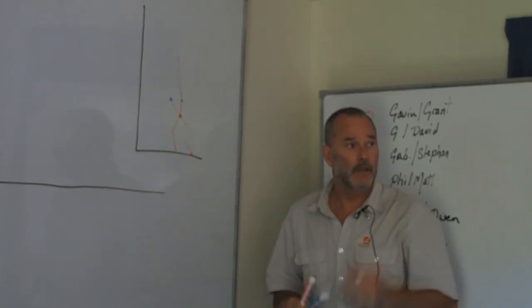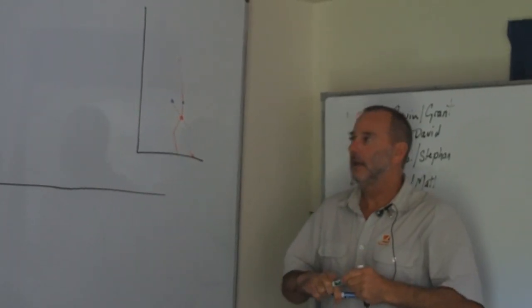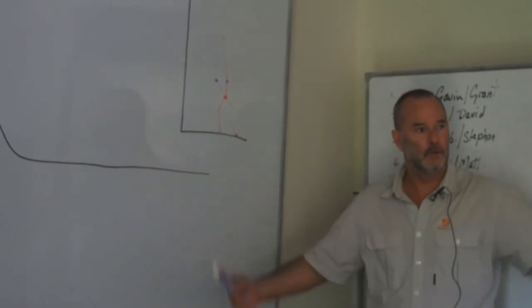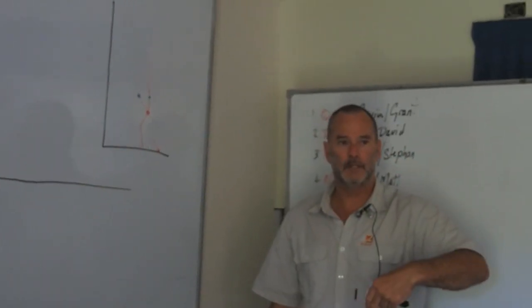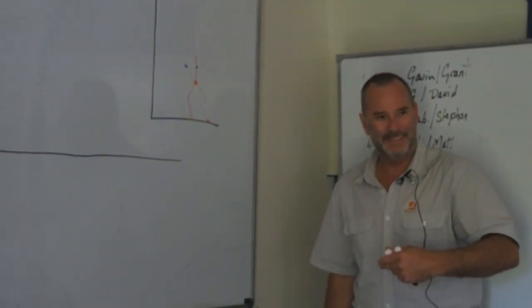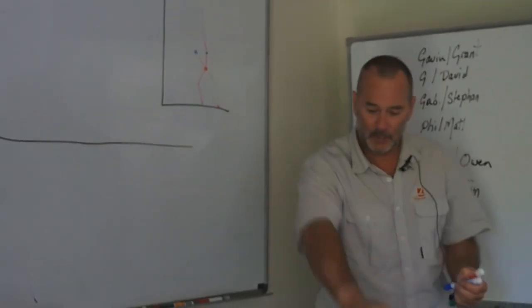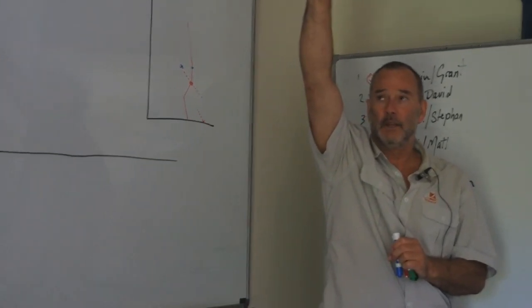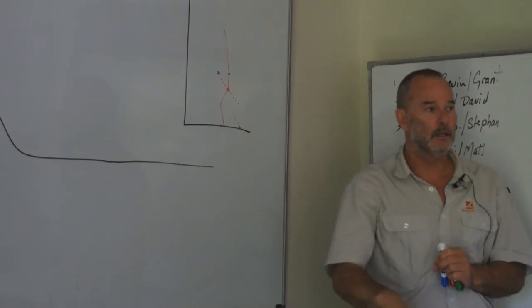Yes? It's cooler than the air around it. If it's cooler than the air around it, it is fundamentally denser and therefore subject to gravity pulling it back down again. This is stability. You grab this piece of air, you lift it up, it's too cool to be here, it's too heavy. You let go, it comes down again. That's stability.